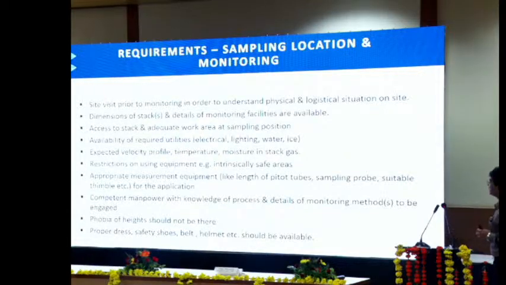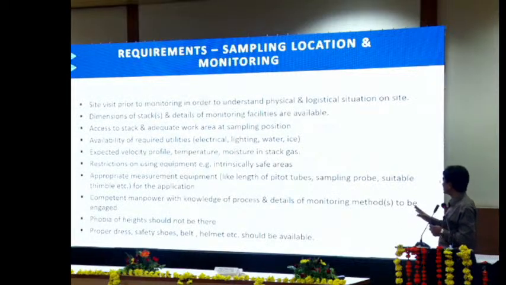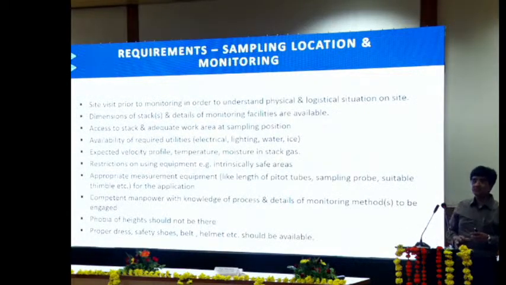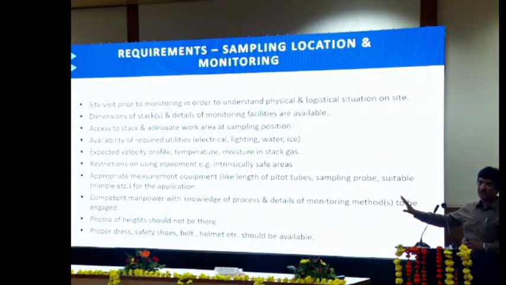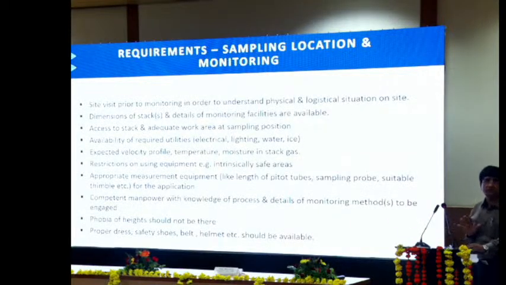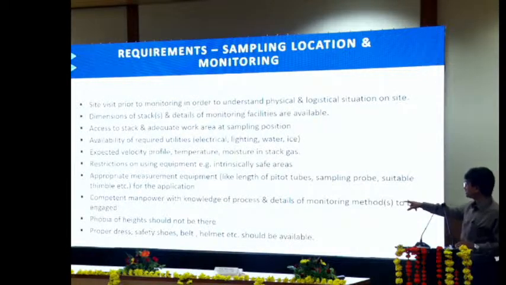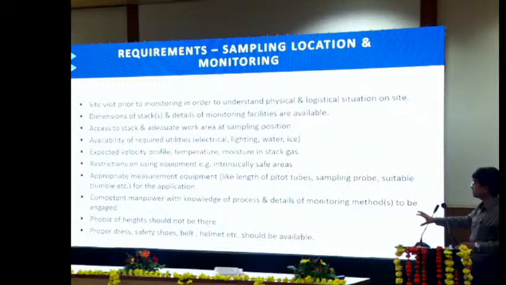Proper dress, safety shoes, belt, helmet, etc. should be available. Sanjeev ji has also, I think, for tomorrow, removed this particular criterion. But whenever you are going to a site, this is something which is very much required. Don't feel that you can just go there and do the monitoring in plain clothes. No. You should prepare yourself for any eventuality and take care of proper dress, safety shoes, belt, helmets, etc.